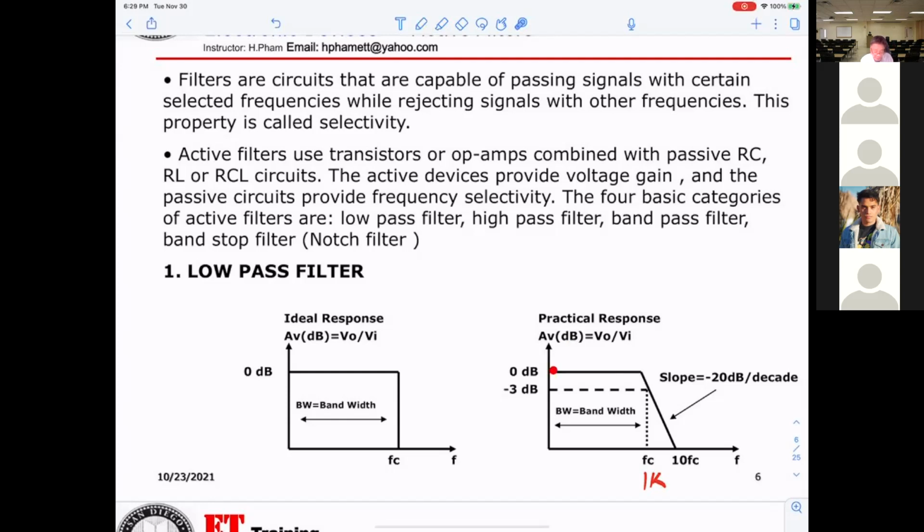At this point here, what does the gain equal? That means less than that, you can get 500 hertz, 100 hertz. What does the gain equal?